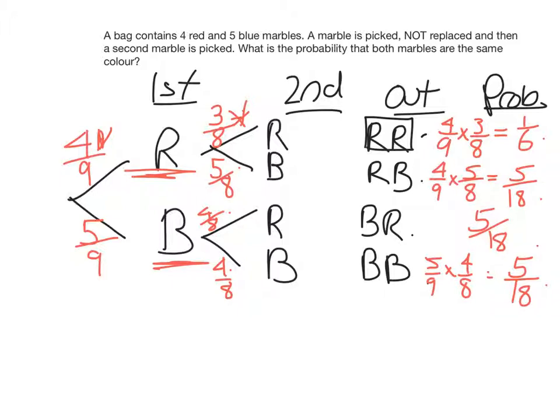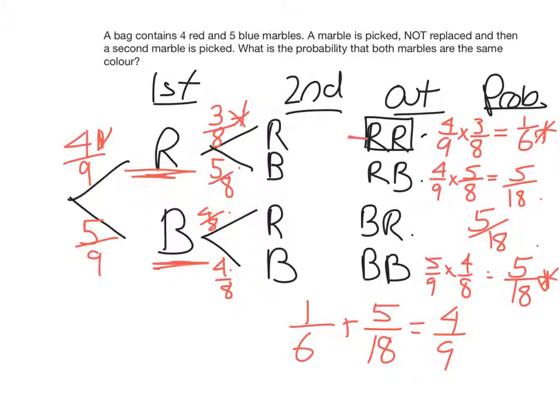So what's the probability that both marbles are the same color? It can be red, red, or blue, blue. So the probability I get both reds, plus the probability I get both blues. You just add them up, and you get 8 over 18, or 4 over 9. So that is the probability that both marbles are the same color.